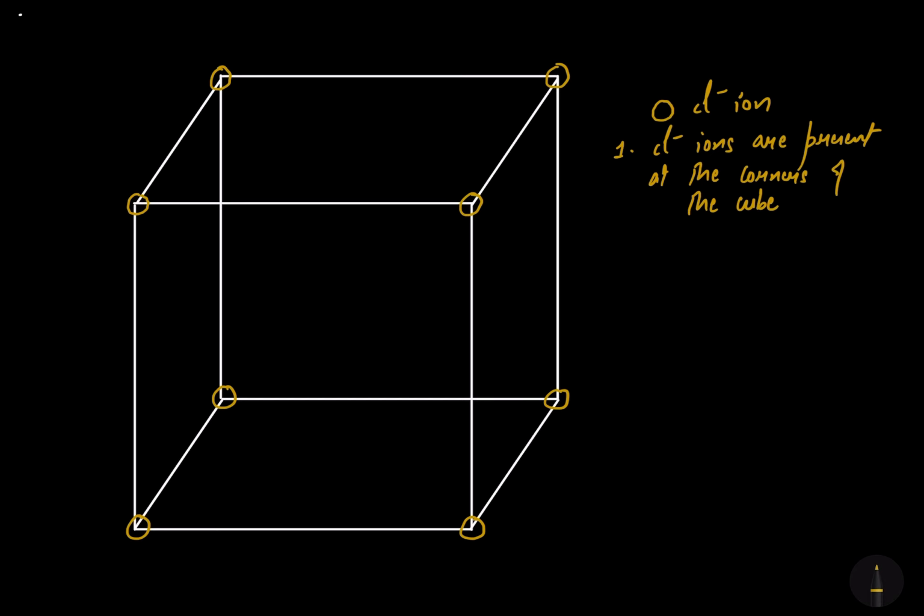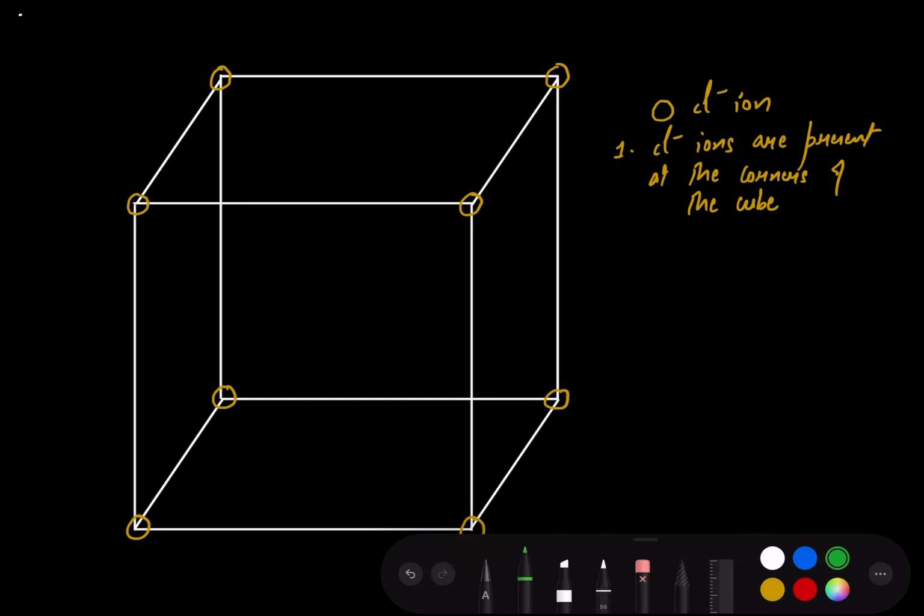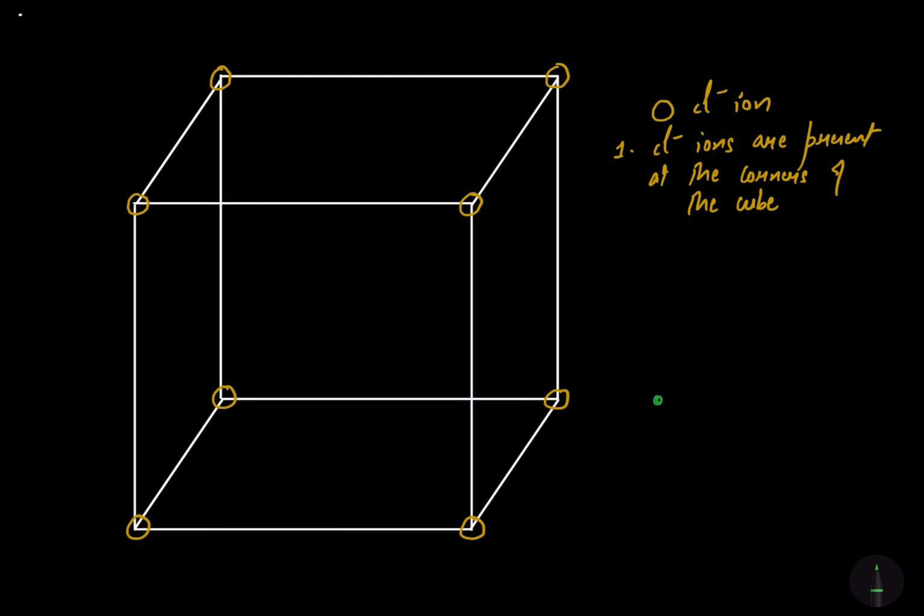Now let's talk about the Na positive ions. Here I am writing Na positive ions. I am marking with the green color. So where are the Na positive ions present?